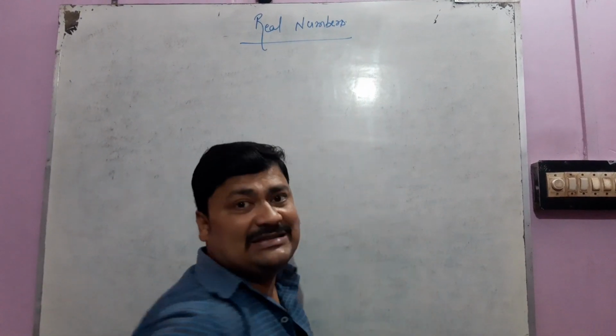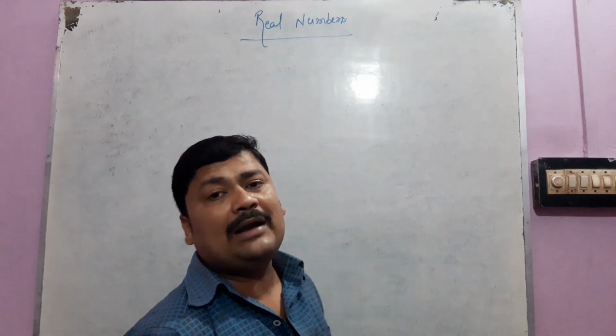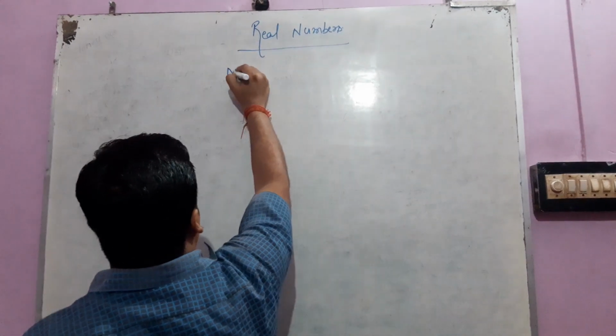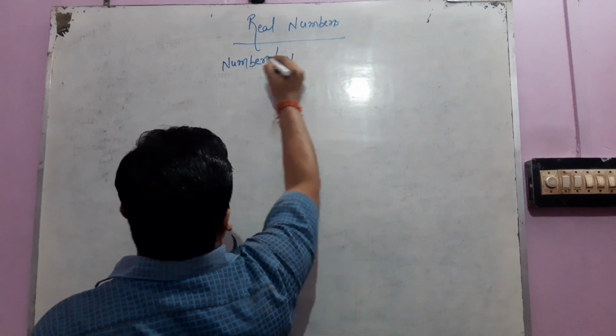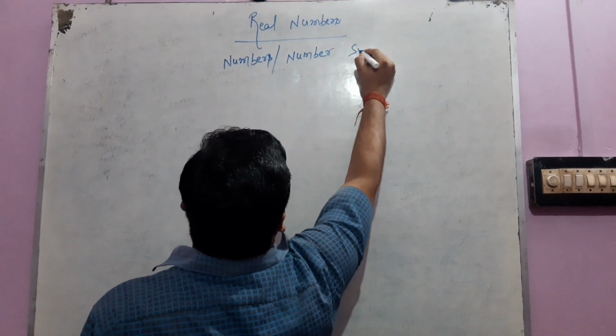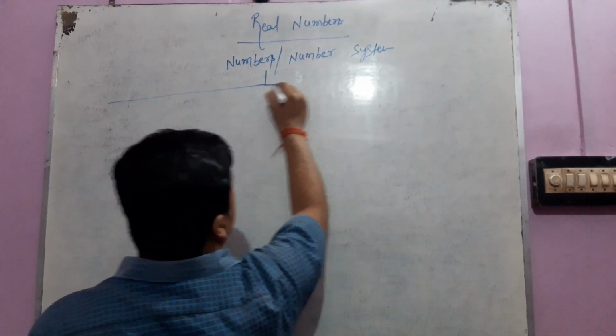But before starting this chapter, we first have to memorize in our mind the different classifications of numbers. So first we have to look at the classification of numbers, or the number system. The number system is classified into two groups.